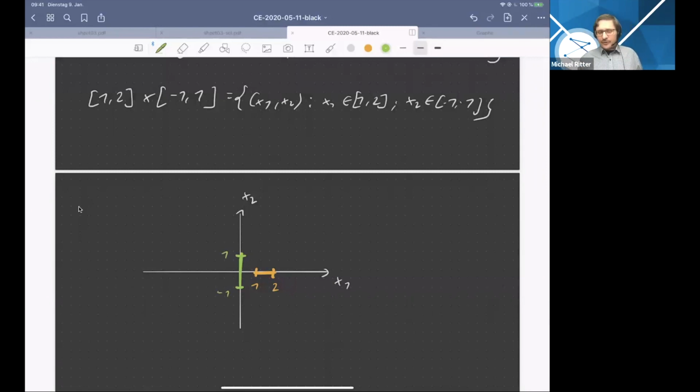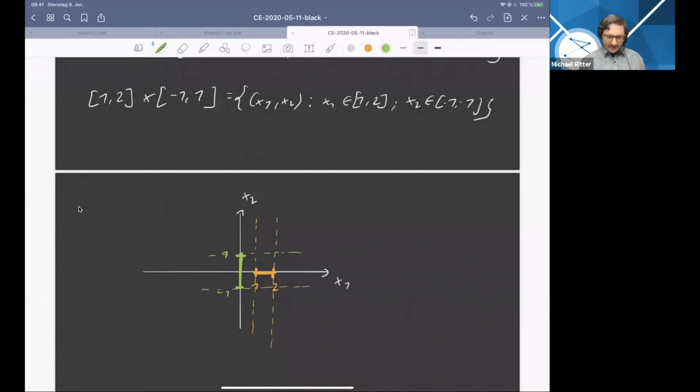Okay, and we're doing all tuples where x1 has a coordinate somewhere in this orange area. So I could enclose all of these points here. And x2 has the coordinate somewhere in the green area. So we're interested in all points between those two lines here.